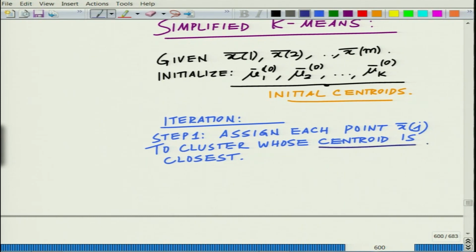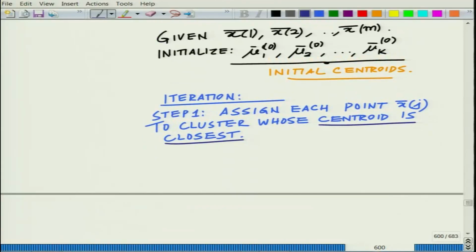This is the idea. For each point you look at its distance to all the centroids, and assign it to the cluster whose centroid is closest. Step 2 is simpler: take all points in every cluster and average them.